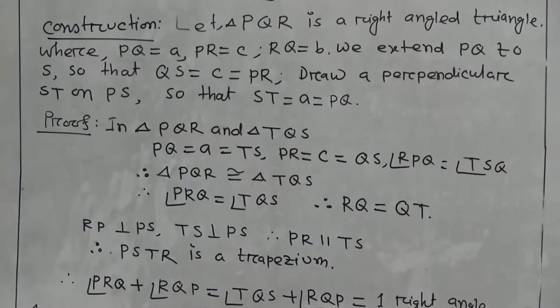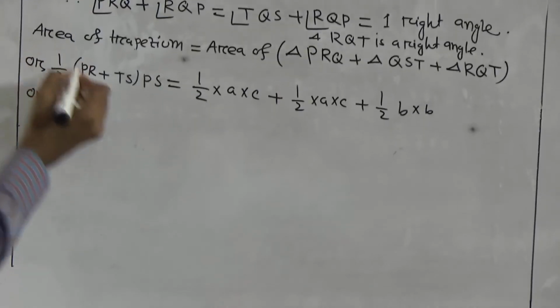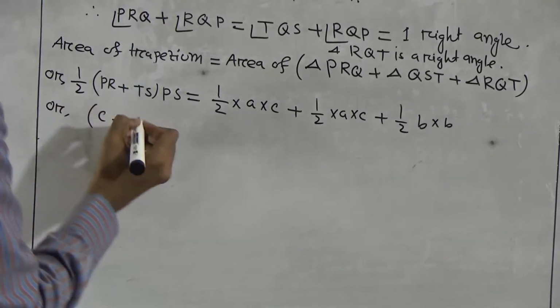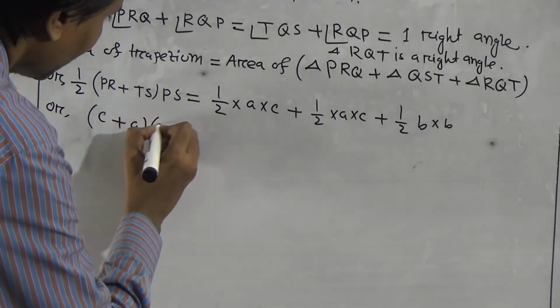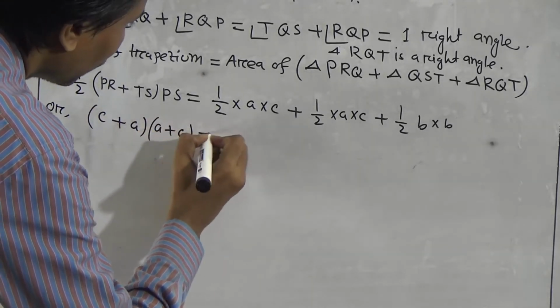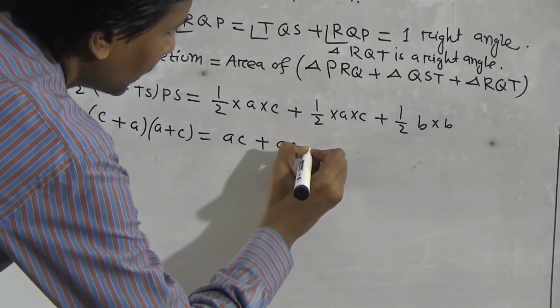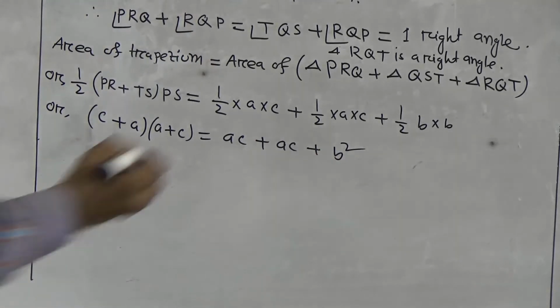Now you see here, PR is equal to C and TS equal to A. Then PS means A plus C. A plus C equal to AC plus B into B square.